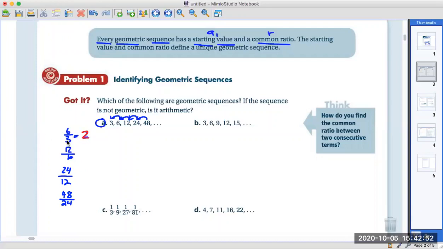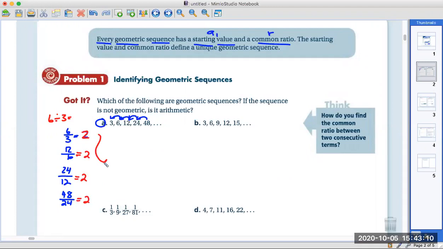6 divided by 3, use your calculator. 6 divided by 3 equals 2. 12 divided by 6, same thing. 24 divided by 12, use your calculator and check it out. 48 divided by 24.